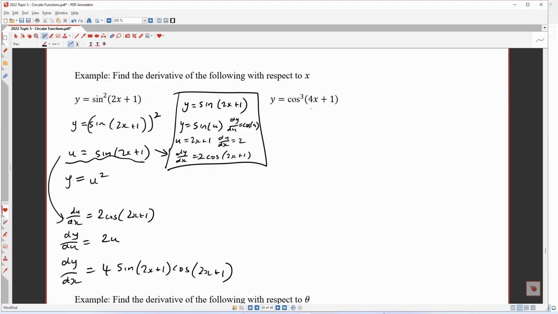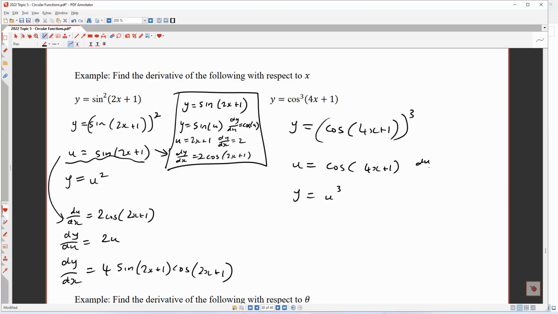Alrighty. Okay, let's do this one. So rewrite it in a form that I like better. Cosine of 4x plus 1 all cubed. So u, the inside function, is cosine of 4x plus 1. y is equal to u cubed.